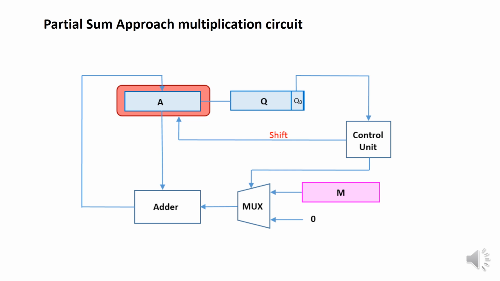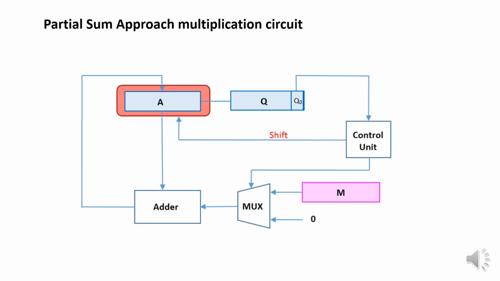And this is the flow diagram converted into a hardware circuit. This is the accumulator, and this is the multiplier. Depending on the bit of the multiplier, the control unit makes directly the right shift, or first connects the adder through the multiplexer.